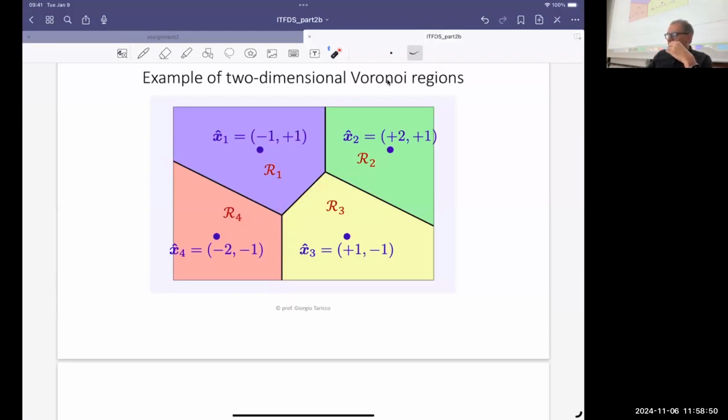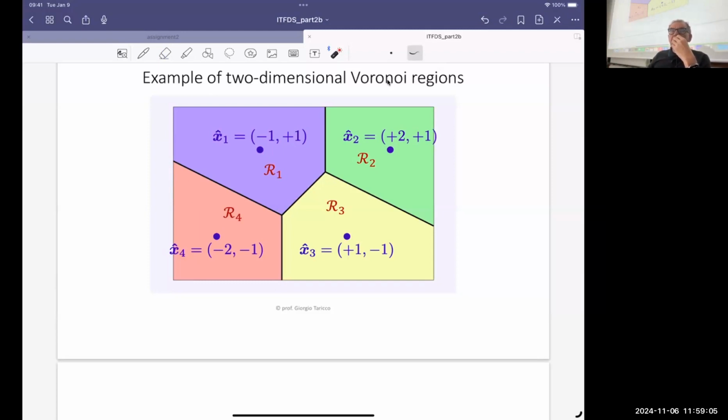And in this way, we can obtain the Voronoi regions manually by using a construction based on the axes in a two-dimensional plane.